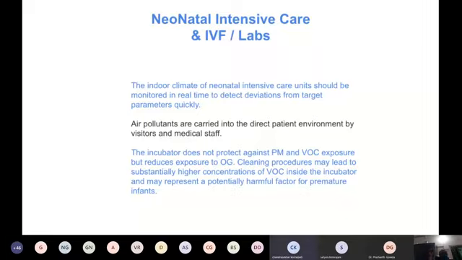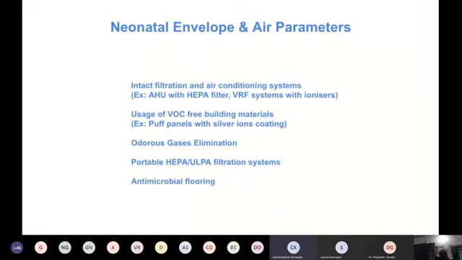How do we handle all the issues related to air and the neonatal envelope and air parameters, intact filtration and air conditioning systems? To give an example, it is an AHU with HEPA filters. It's one of its kind. VRF systems with ionizers.